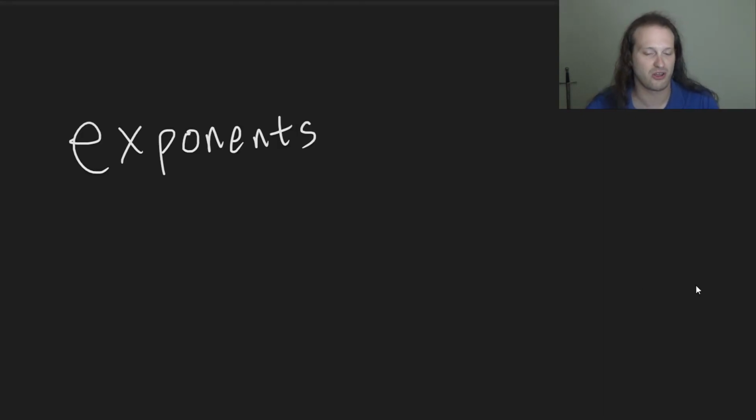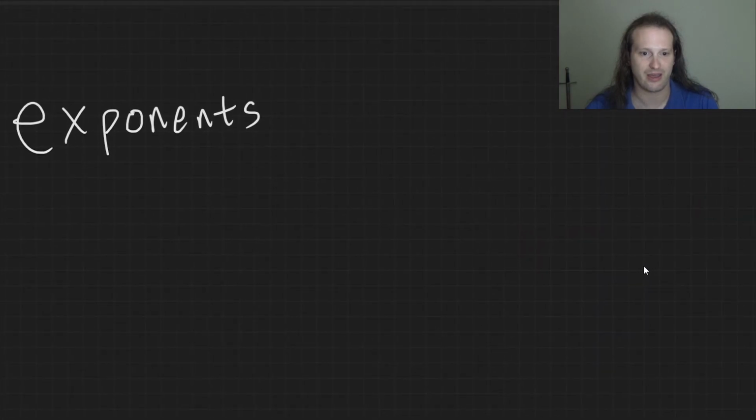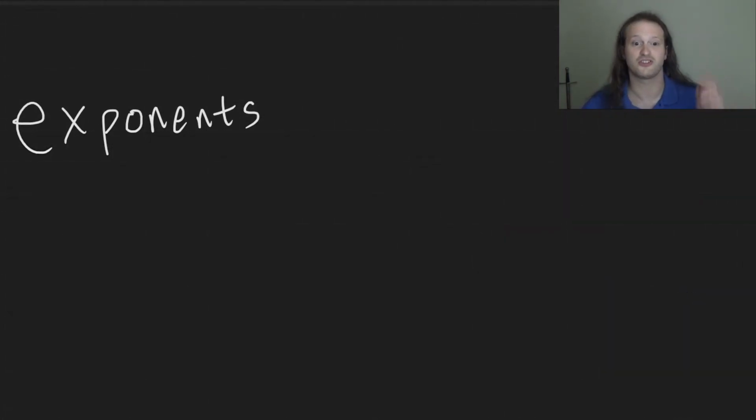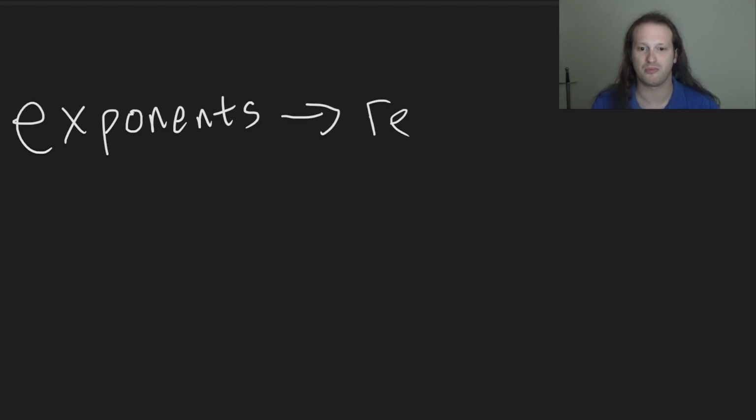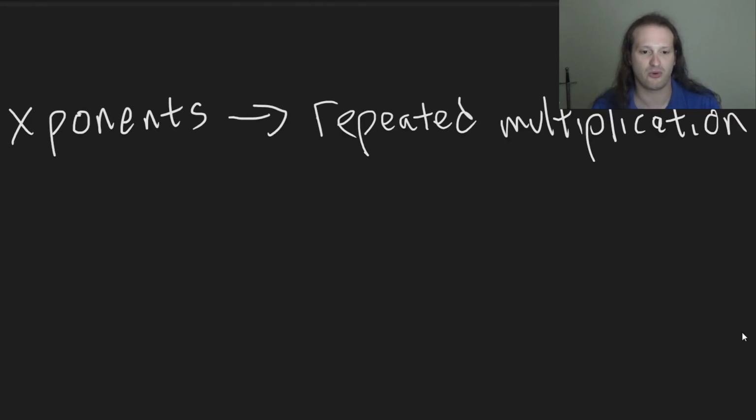Exponents, for those who haven't really worked with this just yet, you can kind of loosely think of it as repeated multiplication. I'm going to first define what an exponent is using letters so it can work in general. So we have x raised to the a power, and that equals y.